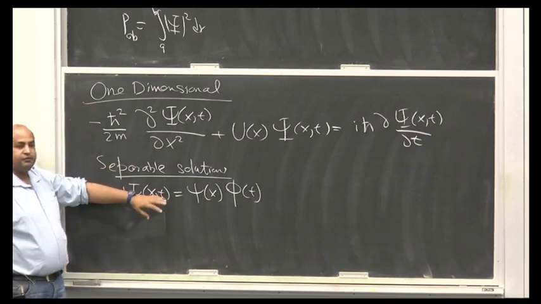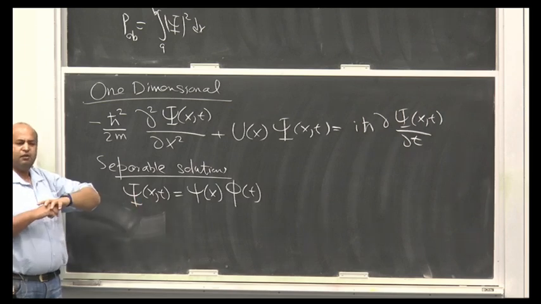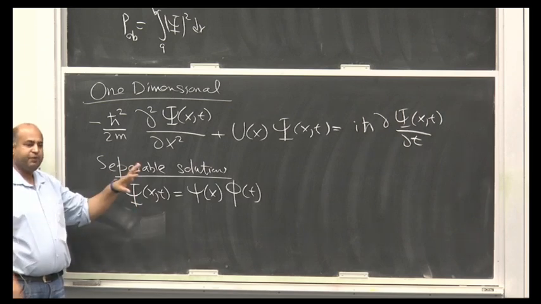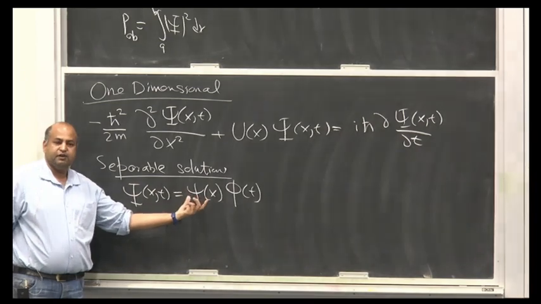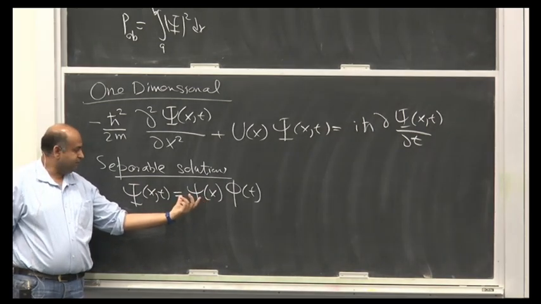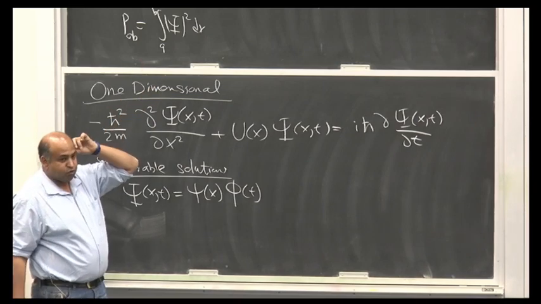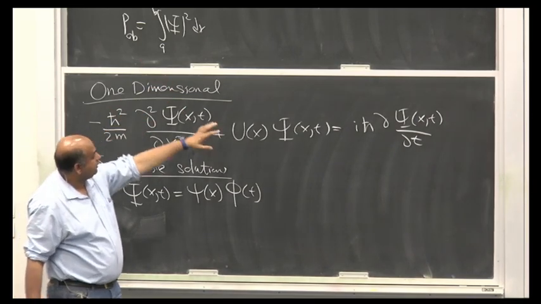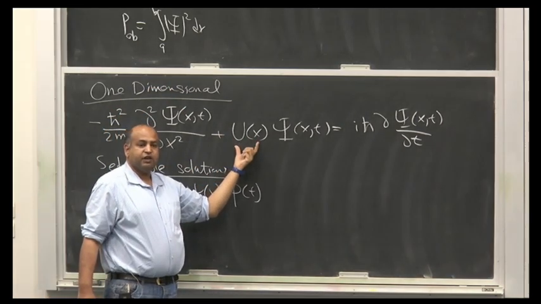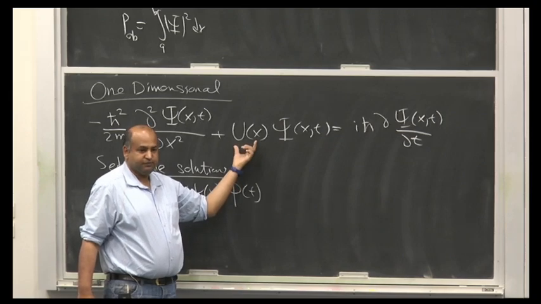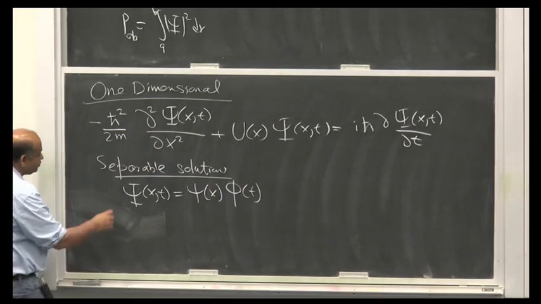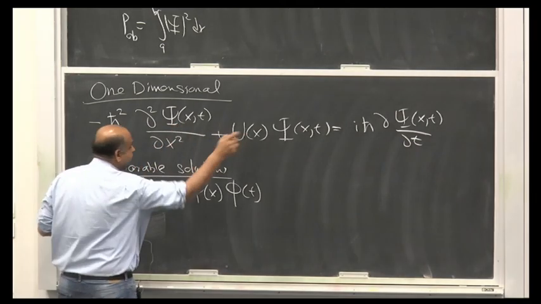Okay, but fortunately, a large variety and almost all practical problems are covered by this type of functions. And whenever people have proved it, whenever we have a potential which only depends on x, we can always get separable solutions. Okay, so let me now substitute this one in this equation.